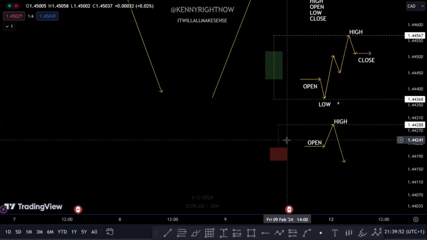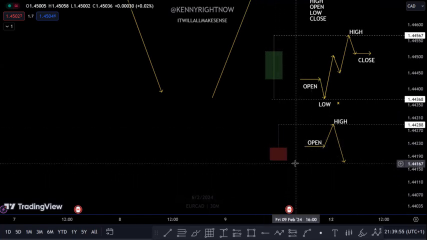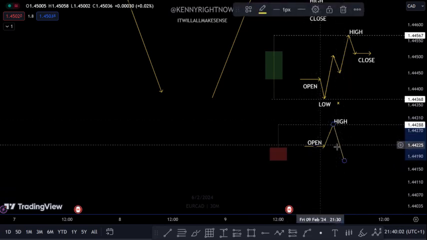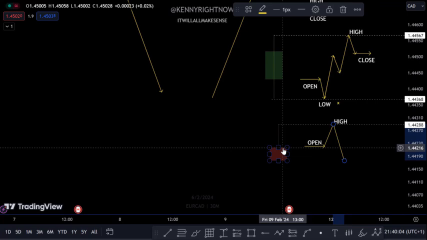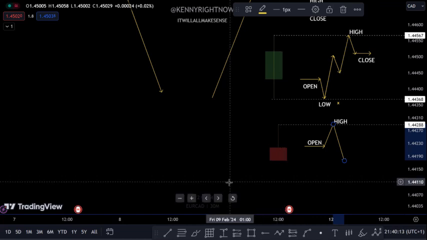So now you can see that the candle has changed color automatically because the structure right now looks bearish, right? It's selling. It's below the open. Now the candle changes color at this point.